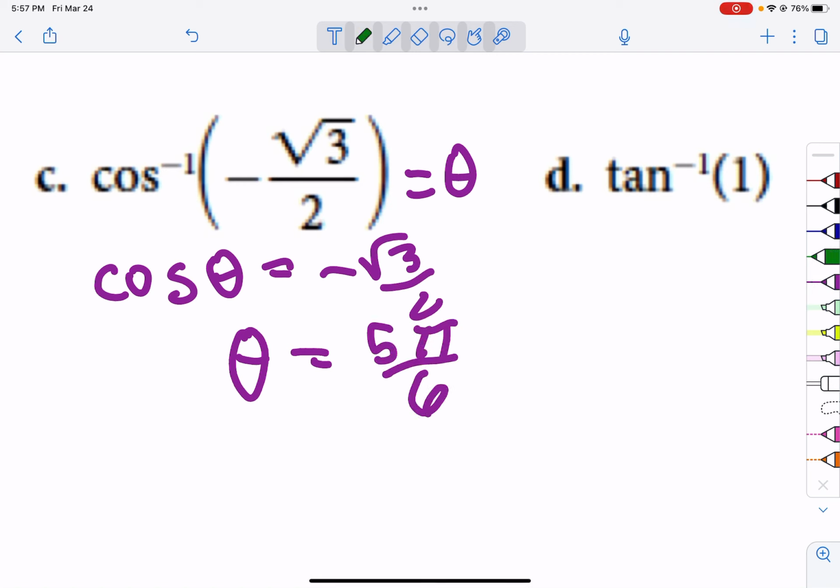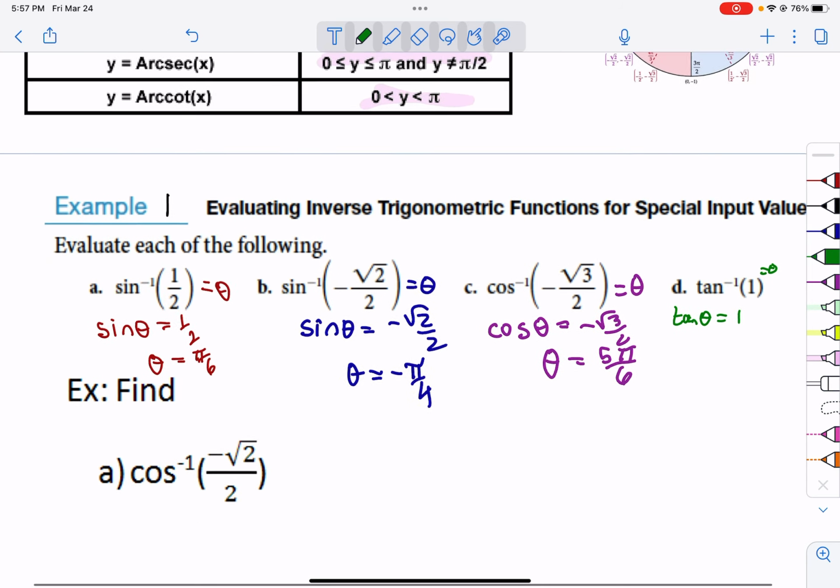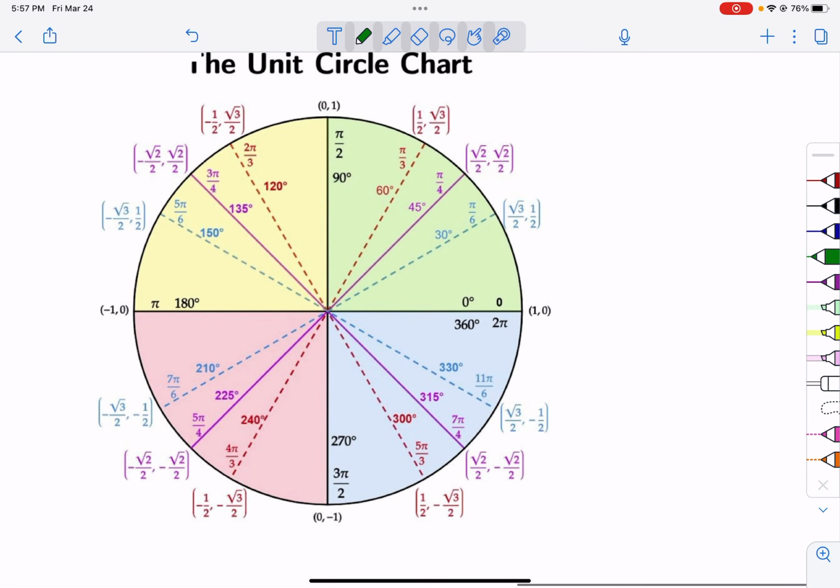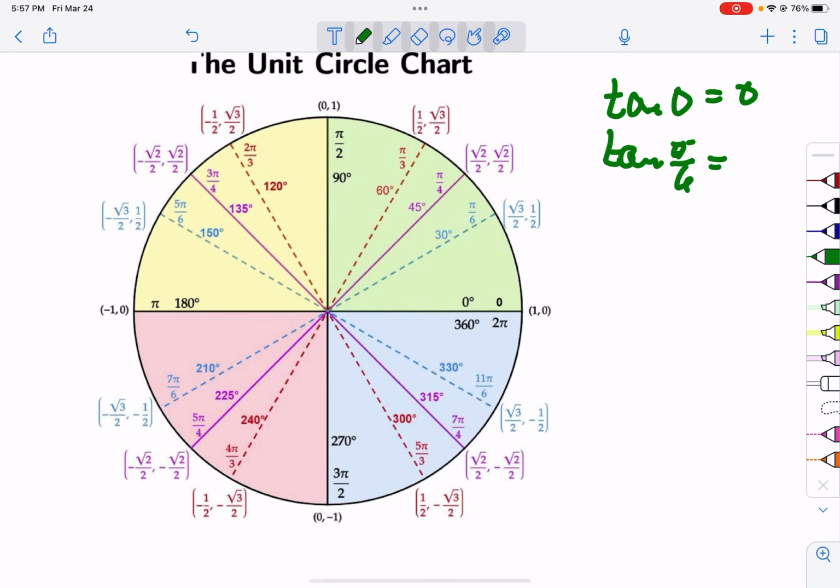And then our last one, if this is theta, where is the tangent of theta equal to 1? Now let me just remind you some tangent values for a minute. The tangent of 0 is 0. The tangent of pi over 6 is square root of 3 over 3.